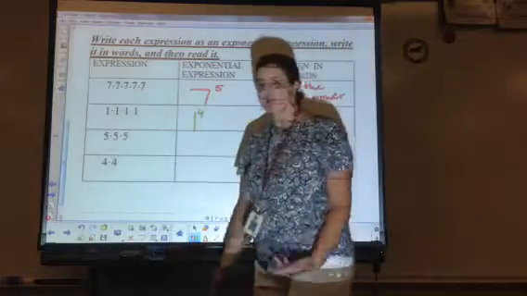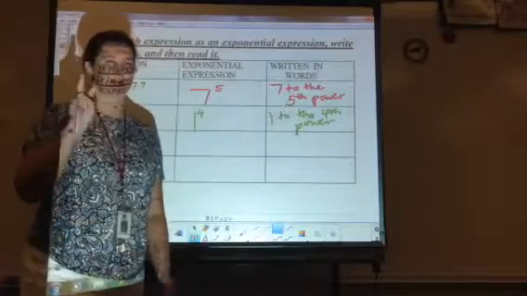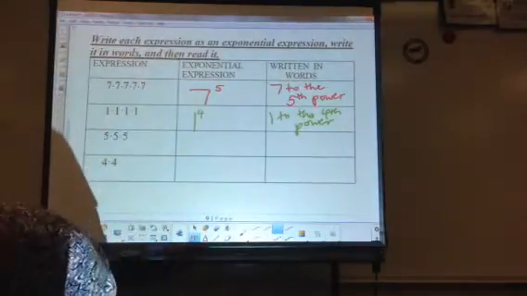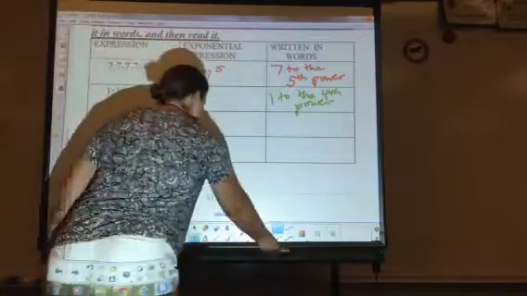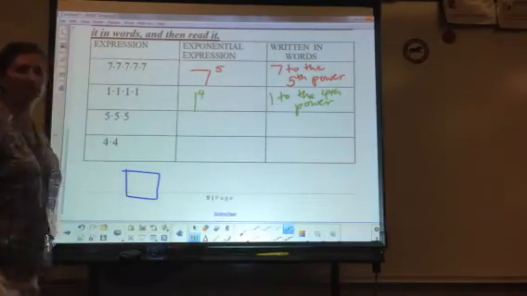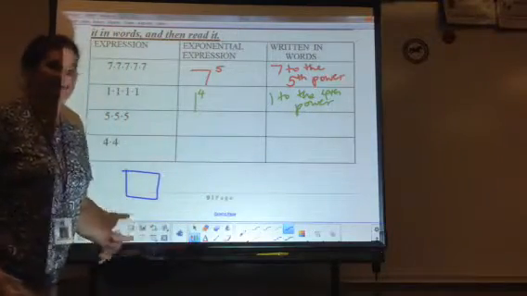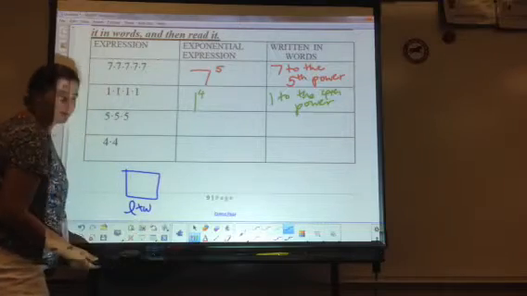Now, this is not specifically on the notes page, but I need you to understand there are 2 very special exponents that get special words. Down here in the space under your chart, I want you to draw a square. What makes a square a square? All the sides are the same, right? So when you do the area of a square, you do length times width, don't you?